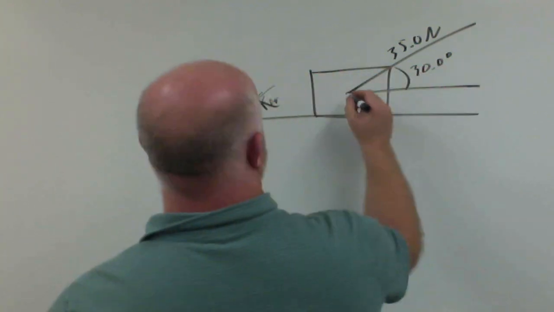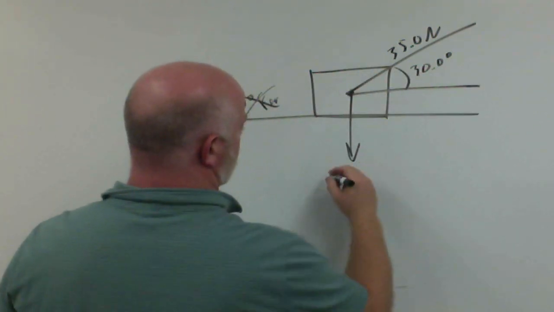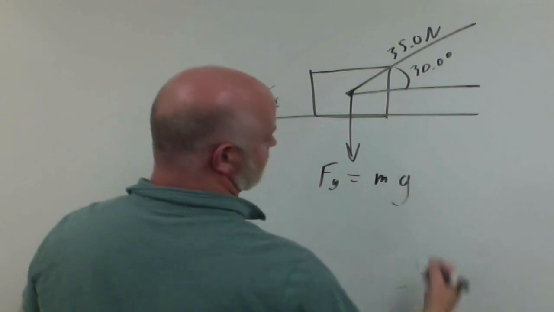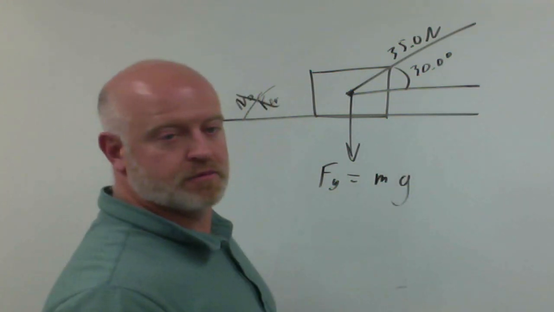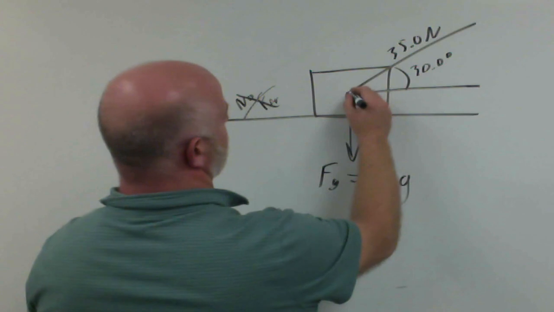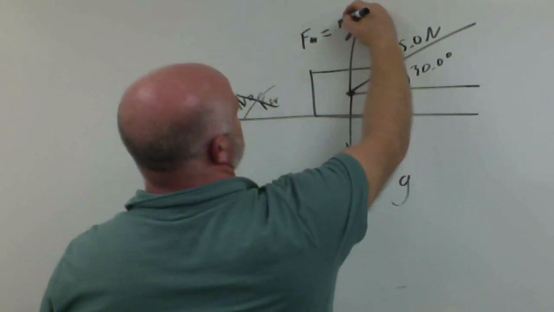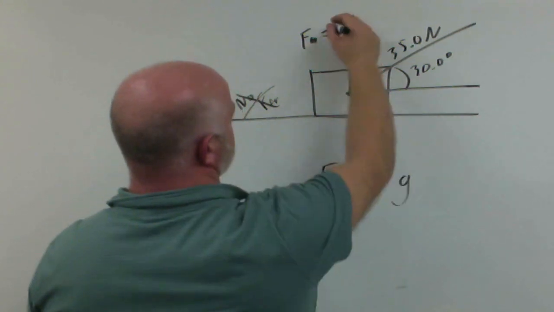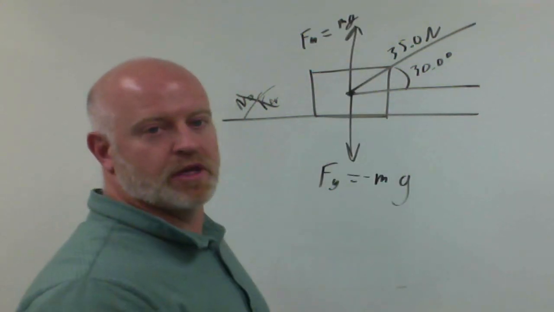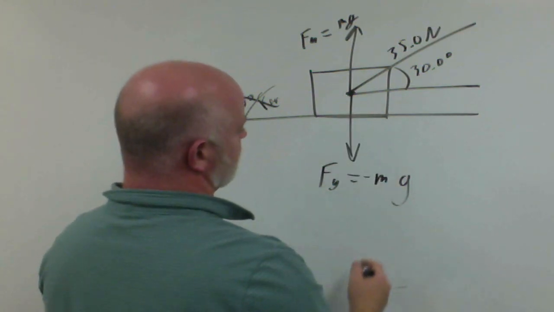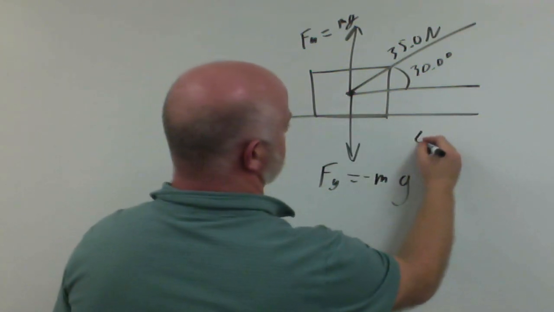Well, we know that the weight, or the force of gravity, is our mass times our acceleration downwards, and we know that the normal force will counteract that. So this would be negative and this would be the positive value of it. We have a 45 kilogram block, so our mass is 45 kilograms.